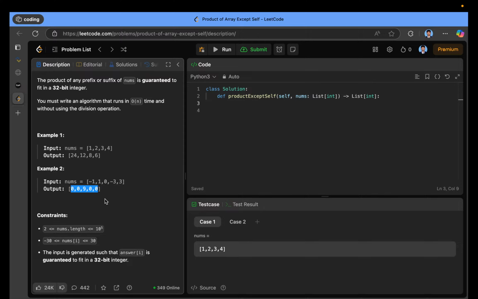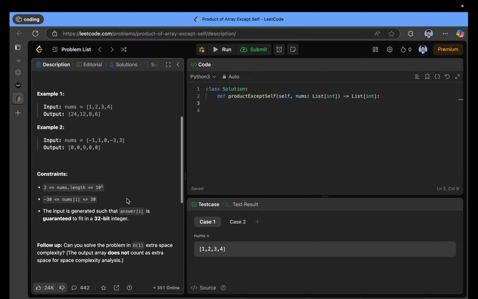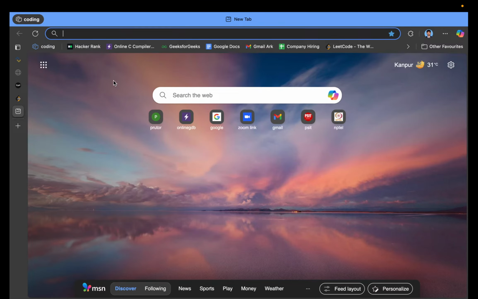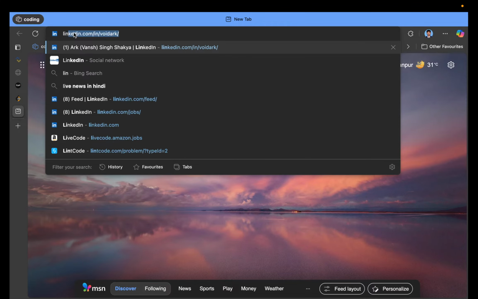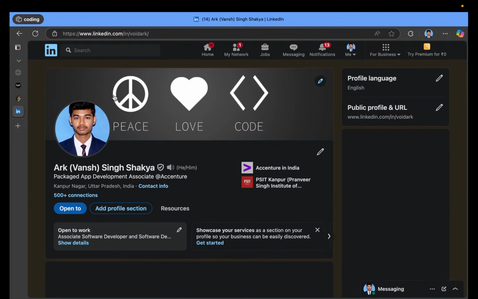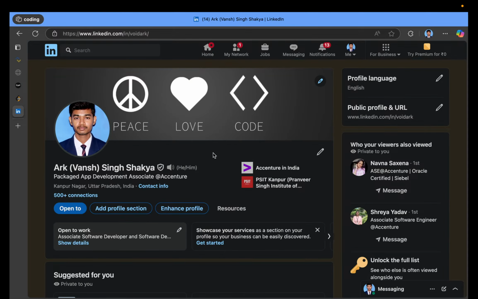Okay, Tin Tower. Sorry, I don't understand what is Tin Tower. It's PADA. Its full form is Packaged App Developer Associate. Well, wait. Mother tongue is Hindi. Let me give you my LinkedIn account so that you can go through that. This is my profile. Okay.